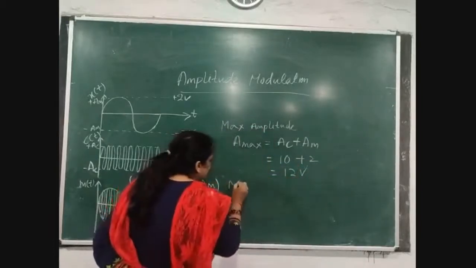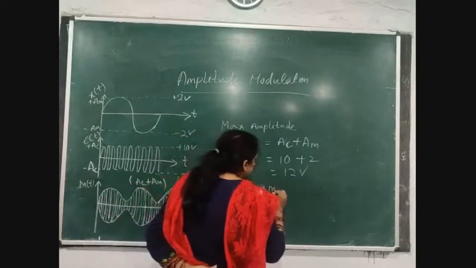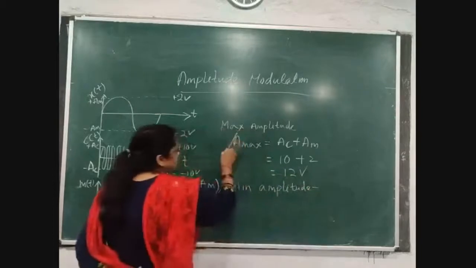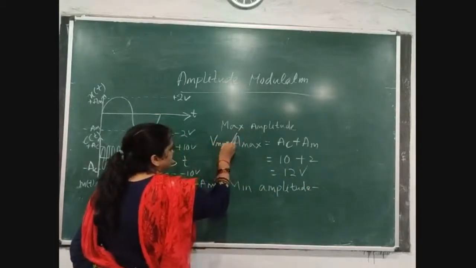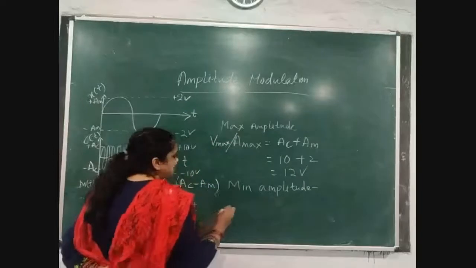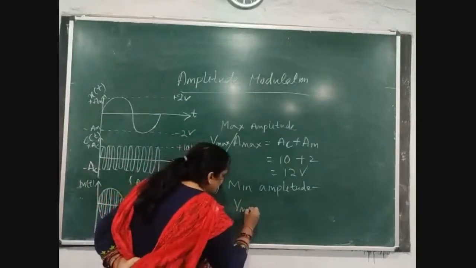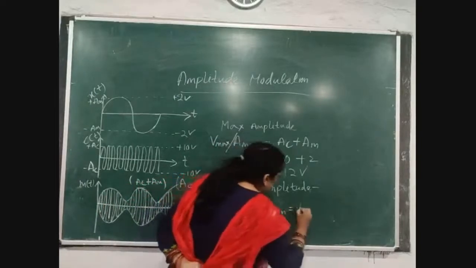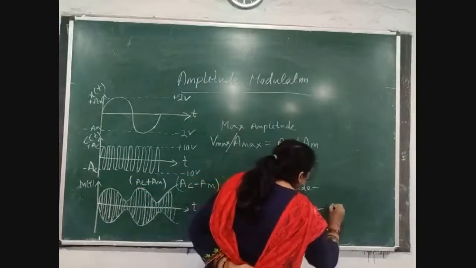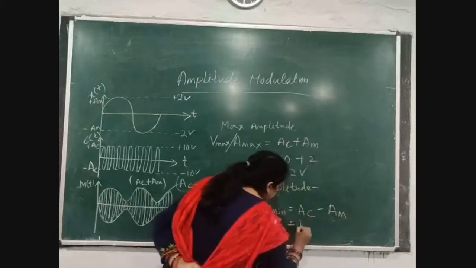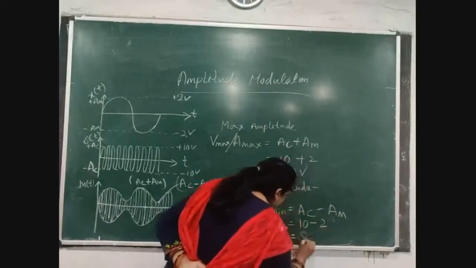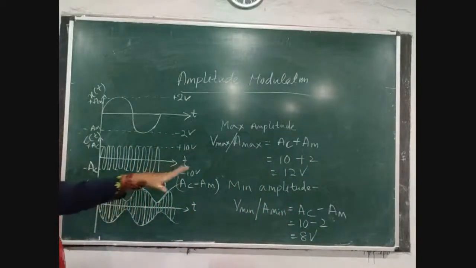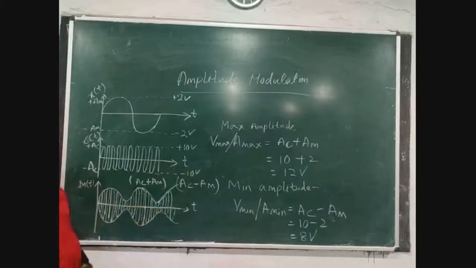The minimum amplitude, V min or A min, is the subtraction of the modulating signal amplitude from the carrier amplitude, 10 minus 2, that is 8 volt. So the maximum amplitude is 12 volt and the minimum amplitude is 8 volt.